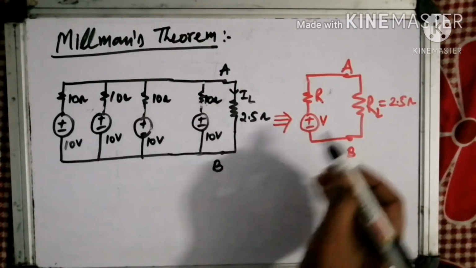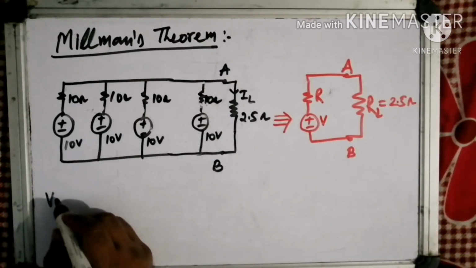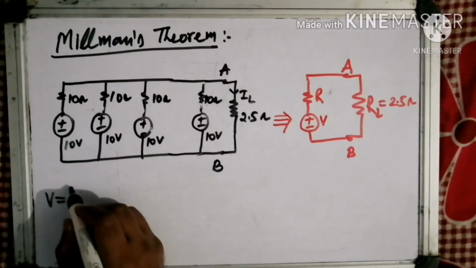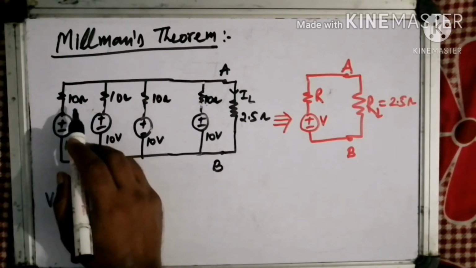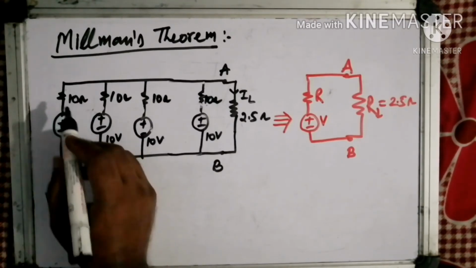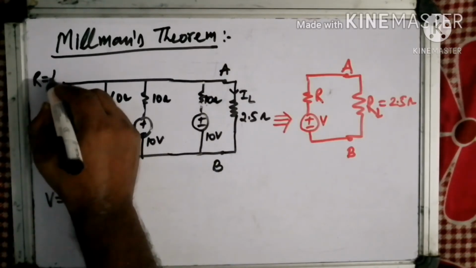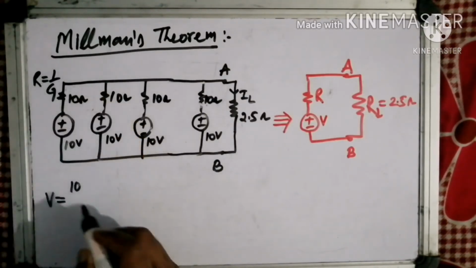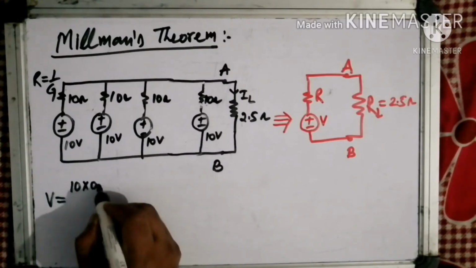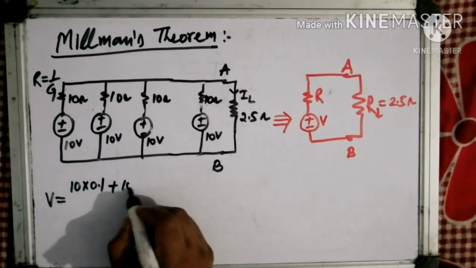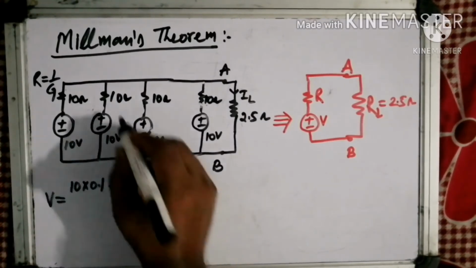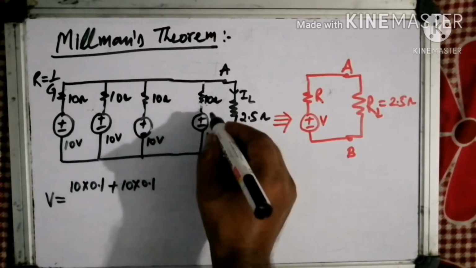How can we calculate the value of B? B is nothing but plus minus B1 G1, that is B1 is 10 and G1 is the reciprocal of 10, so it is 0.1. Plus 10 into 0.1 for this one, for this one and for this one.